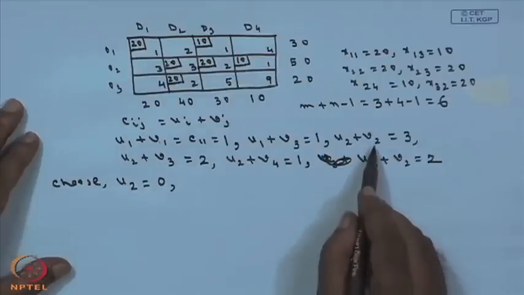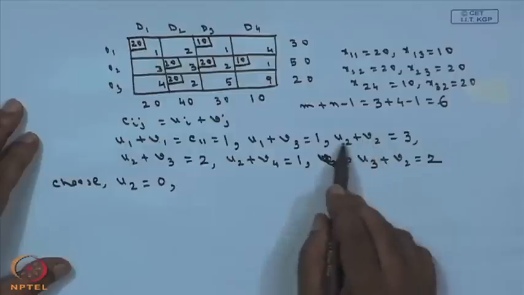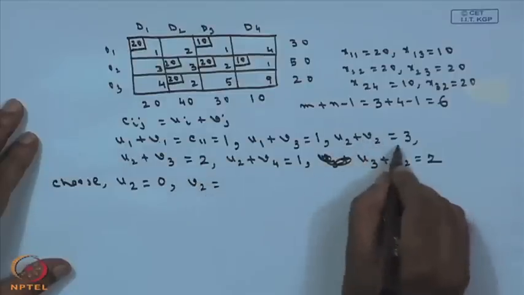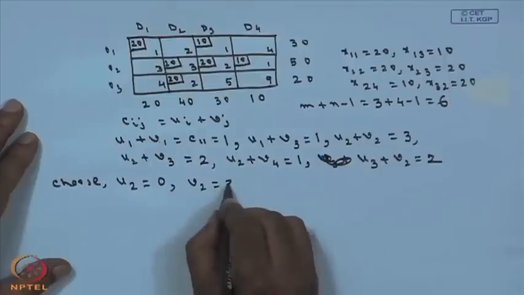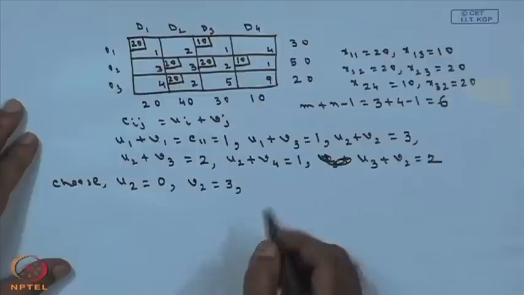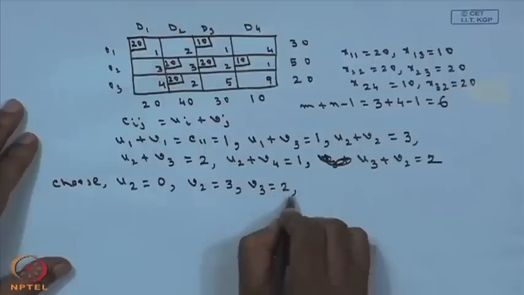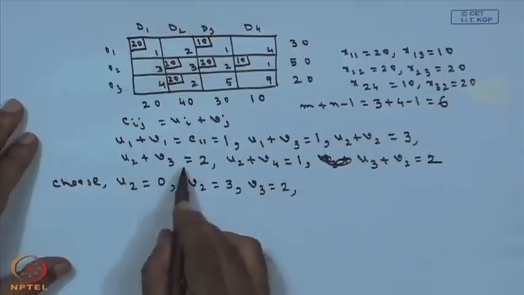Since u2 is 0, from this equation V2 will be equal to 3. From the next equation, V3 is equal to 2, since u2 is 0.